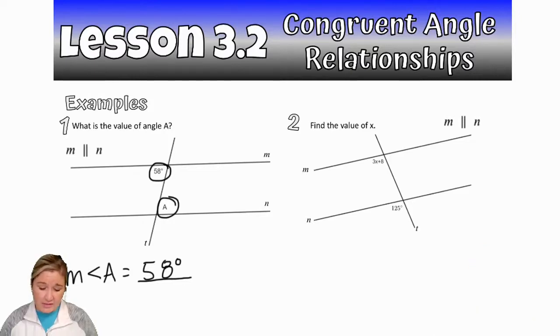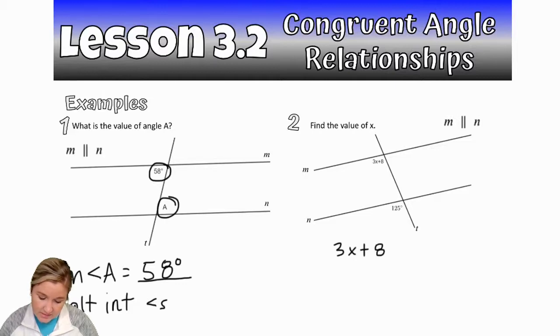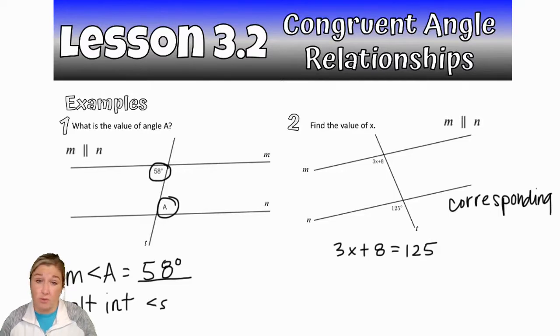All right, so let's look at this one. I'm going to go ahead and name these. What is this? Alternate interior angles. All right. And then these angles, this one should find the value of x. So we're not finding an angle measure this time. We're actually going to be solving an equation. So when I'm trying to find the value of x, I'm going to say 3x plus 8 is equal to 125. I know this because they are corresponding angles, and corresponding angles are congruent. Congruent means the same or equal.